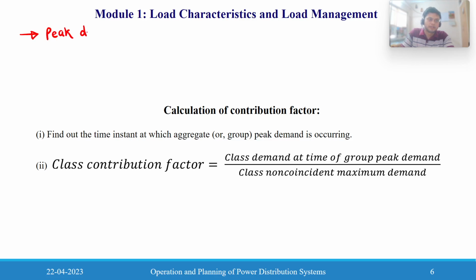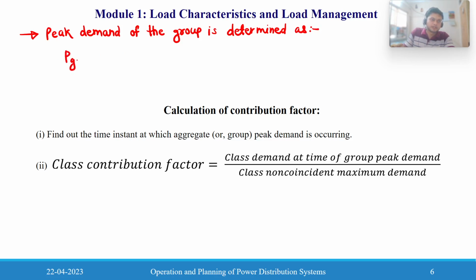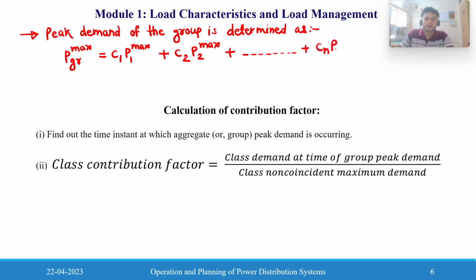The peak demand of the group, P_GR max, is determined as C1 P1 max, the individual peak demand for the first section, and then C2 P2 max for the second section, and so on, for however many different types of load or sections are present for a certain feeder or substation.